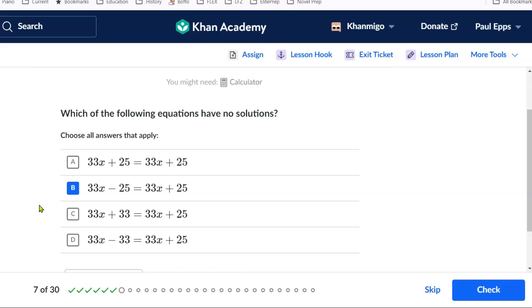C, there really is no number that you can add 25 and add 33 and get the same number. D, yeah, there is, oh, wait a minute. 33, so that's the same thing. No, there is no number that you can subtract 33 and add 25 and get the same number.